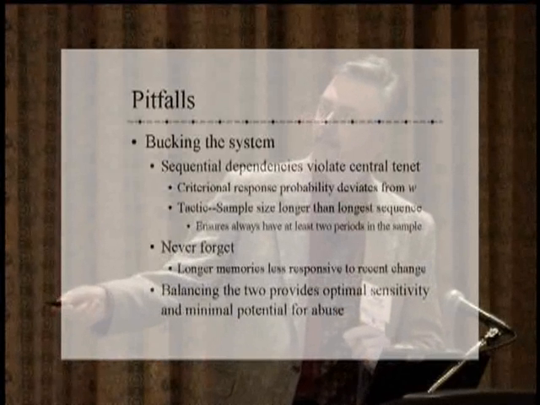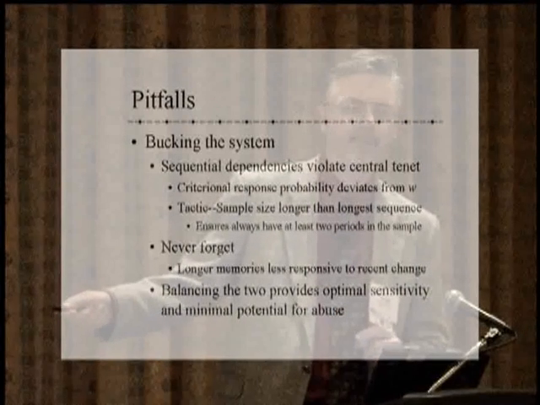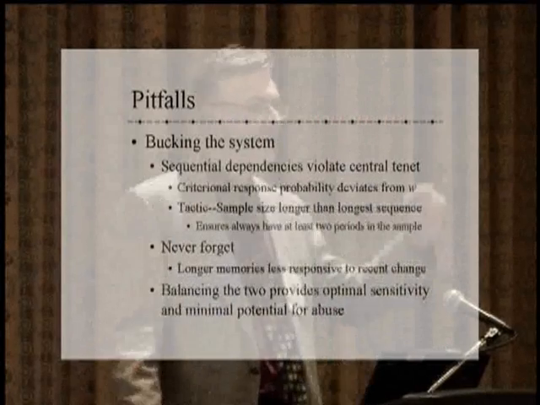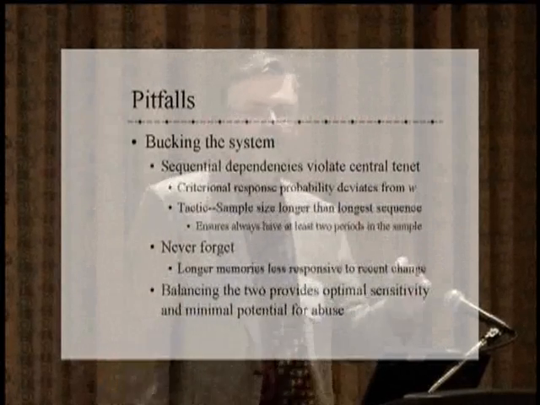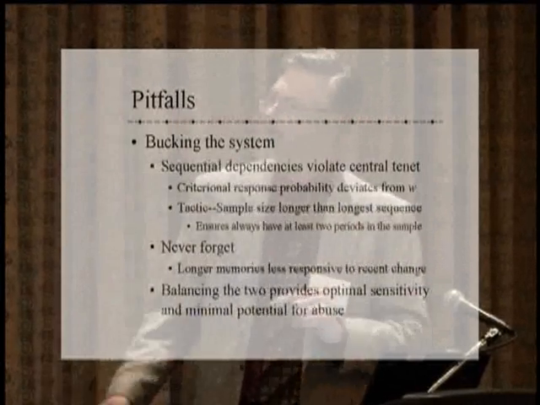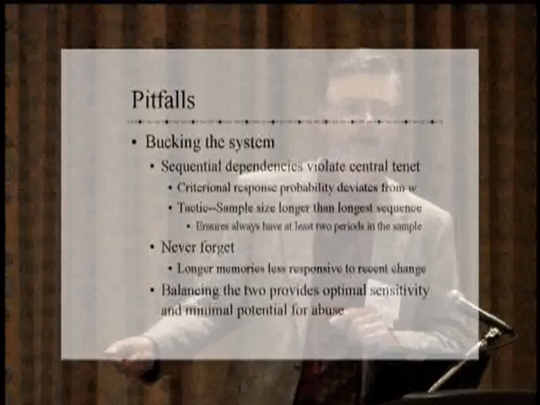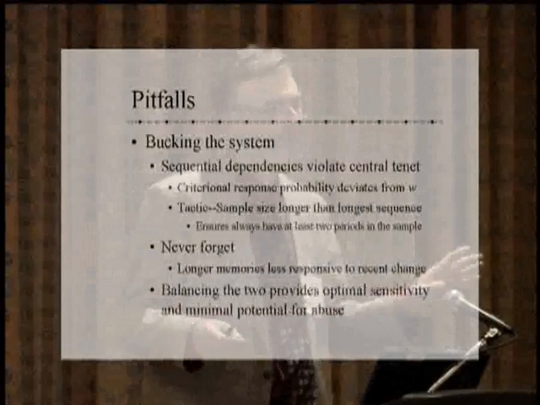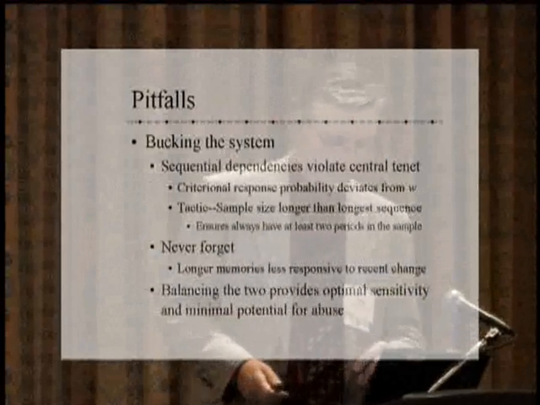The tactic to keep that from happening is to ensure that the sample size is longer than the periodicity of the behavior. So if there's a period in behavior, and you capture at least two of those periods, the sequential dependencies in that period will no longer affect the percentile.